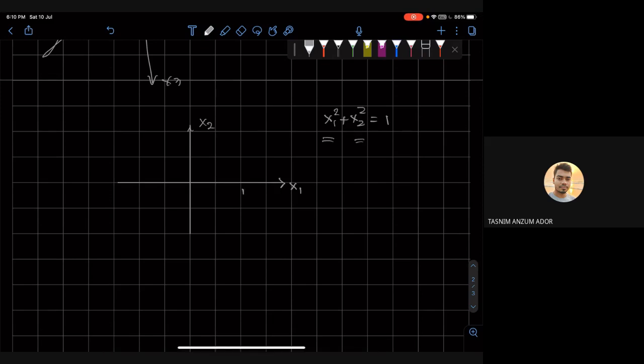Suppose x1 is 1 here, x2 is 1 here, x2 is minus 1 here, x1 is minus 1 here. So it should be clear that this equation is tracing out this set of points. Is that clear to you, Rafa?